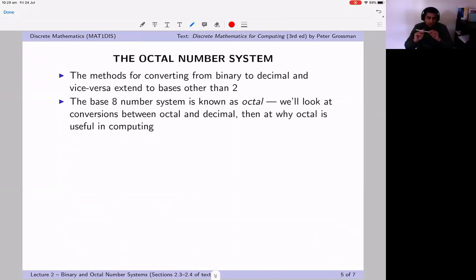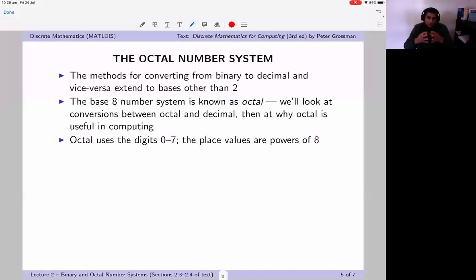We'll look at conversions between octal and decimal, and then at why octal is useful in computing. Remember, every time the need to improve is based on some kind of efficiency issues. Conversions between binary and octal are extremely easy, but in terms of space there are some drawbacks as well. That's why there would be a need to introduce higher bases, right?